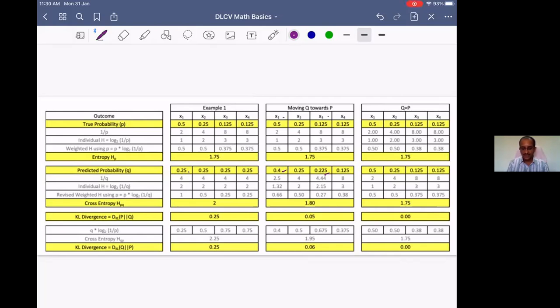The probabilities of these two are adjusted such that we are moving from Q to P gradually. When Q equals P, the information content is exactly the same in both of them, and then the divergence is 0.